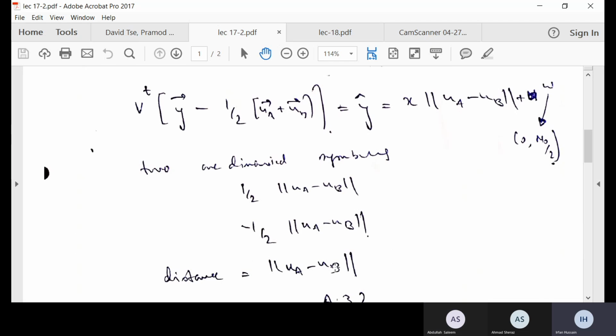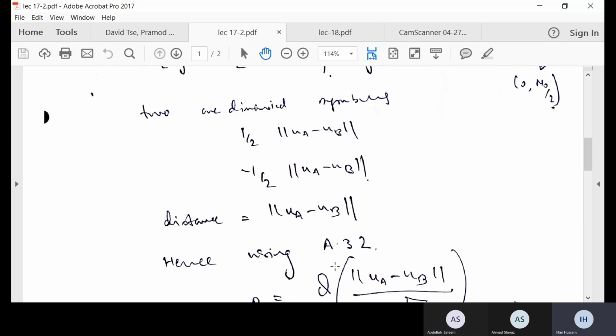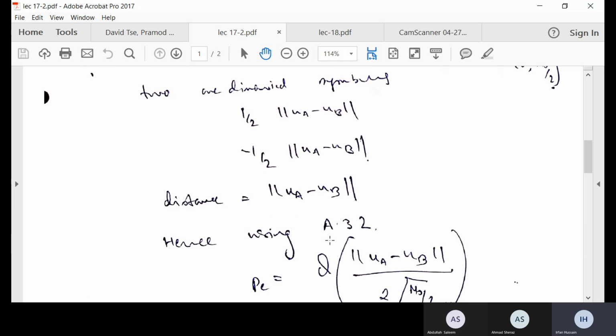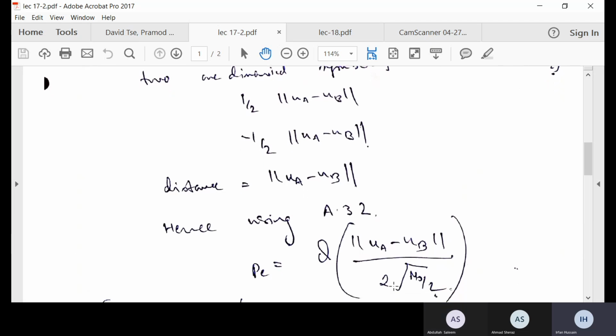So this is a scalar distance now. Just put this scalar distance in the formula of the scalar case and you will get the same result. The only change was that previously you had UA, UB, which were already scalars, and you just had one line representing the magnitude of the scalar. Now you have UA vector, UB vector, and you are representing this with the mod of a vector. This is the only change.